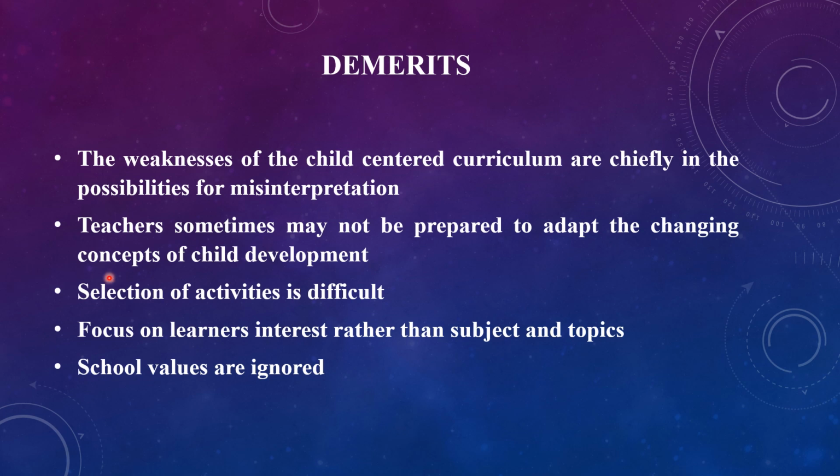So, overly focusing on the learners can deviate from the main learning outcomes or the main aims of education. Now, most of the time, when child-centered education is imparted, the school values are ignored. So, those are the demerits of child-centered education.